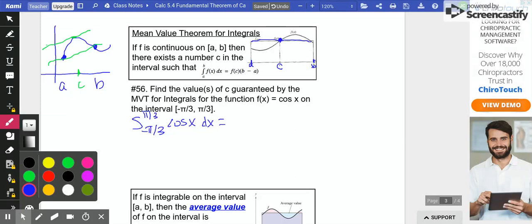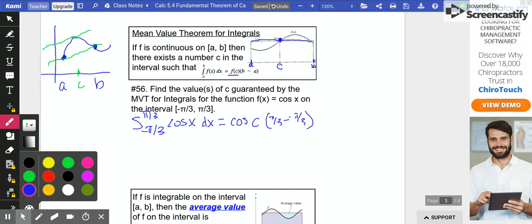And somewhere there is f of c, so there's some value cosine of c, times b minus a, which is pi over 3 minus negative pi over 3. So this is what we're looking to solve, and we need to work both sides of the equation.